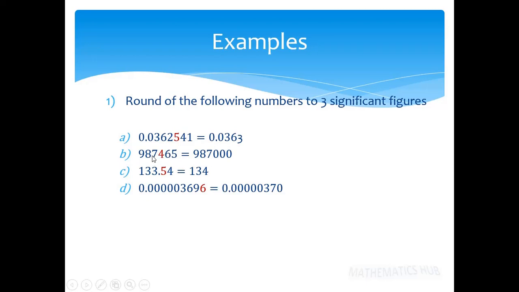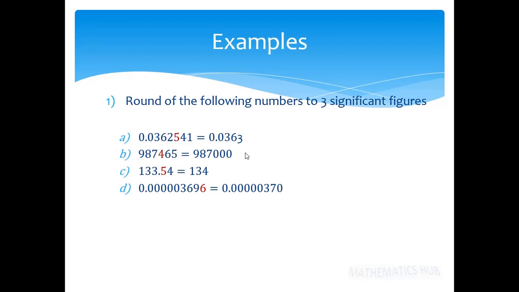So our answer becomes 987000. If we go by the guidelines from the previous lesson, trailing zeros are only significant if the number under consideration has a decimal point. In this case, our number does not have a decimal point, so those trailing zeros are not significant. As a result, our answer surely has 3 significant figures.